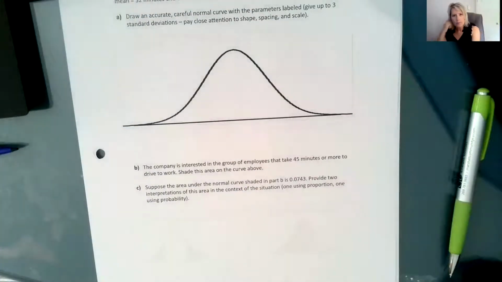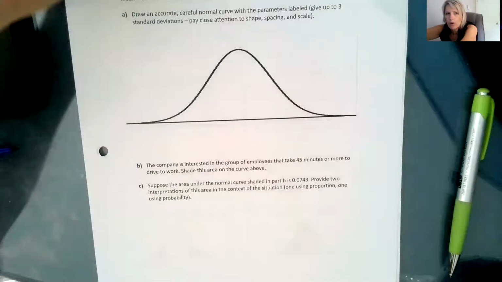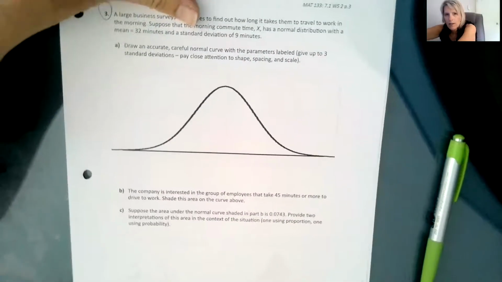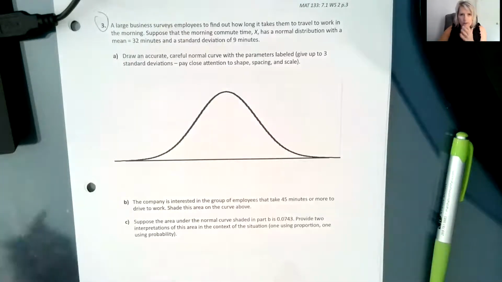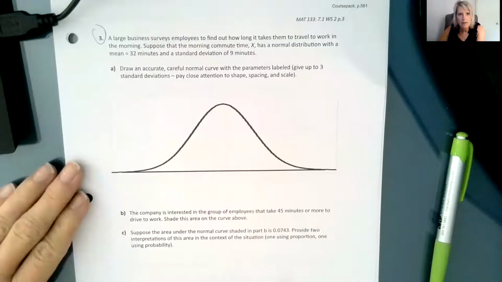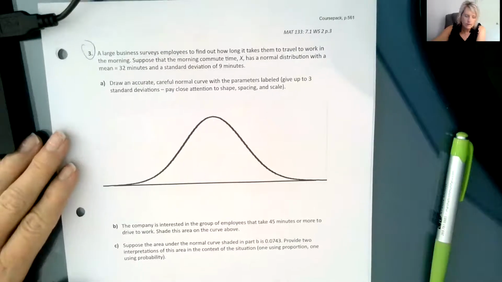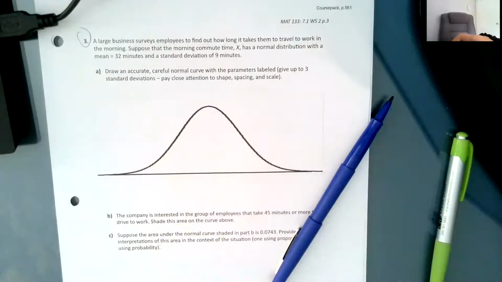The third big question here in 7.1 is all around the idea of how to describe probability. And in our course pack, there's 2 ways to do that. Let's just turn in our course pack and find what I'm referring to.